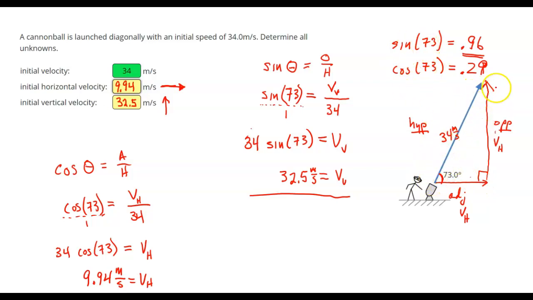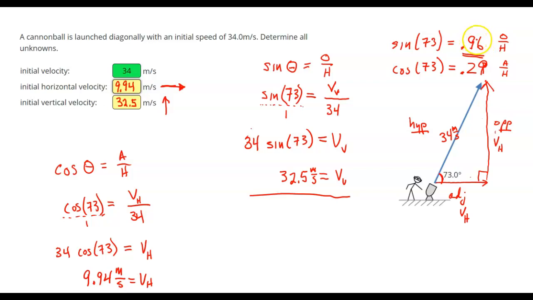So these ratios basically tell you what percentage of the hypotenuse is my opposite side and what percentage of the length of the hypotenuse is my adjacent side. Cosine is adjacent over hypotenuse, so the adjacent side is 29% of the hypotenuse, and the sine is opposite over hypotenuse. So the opposite is 96% of the hypotenuse, or 0.96 times the hypotenuse.